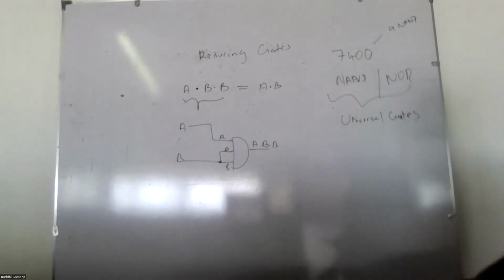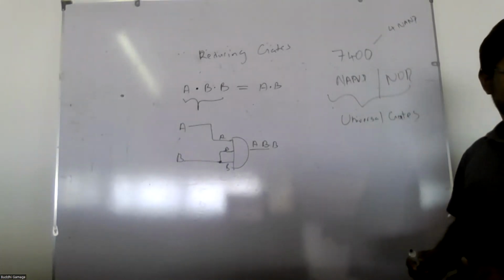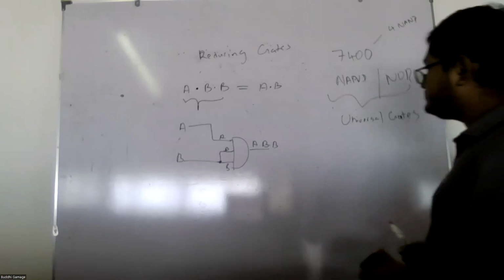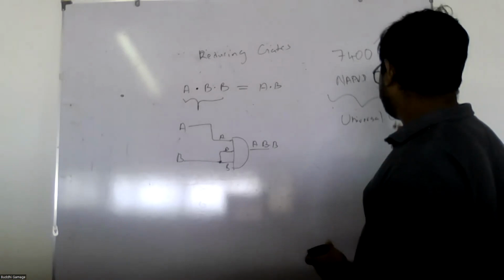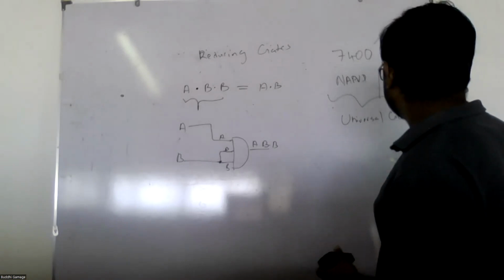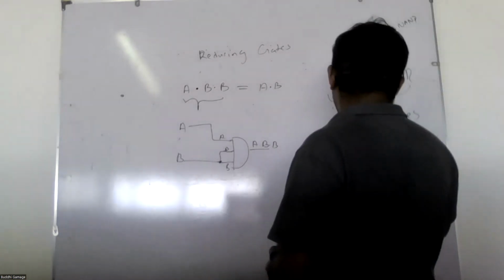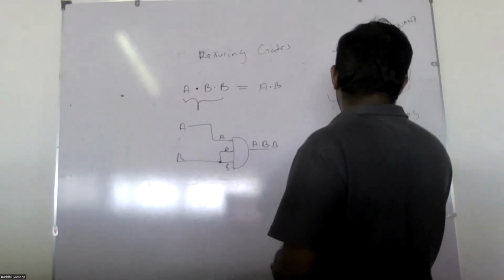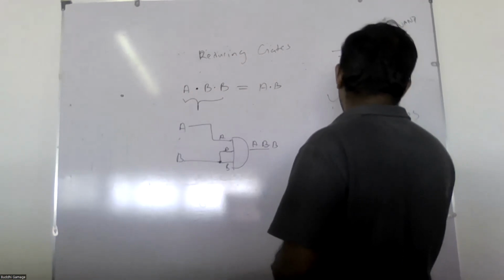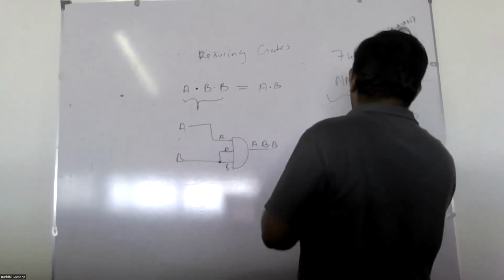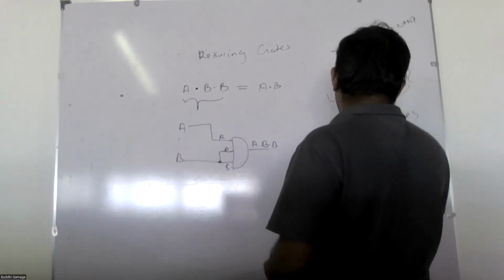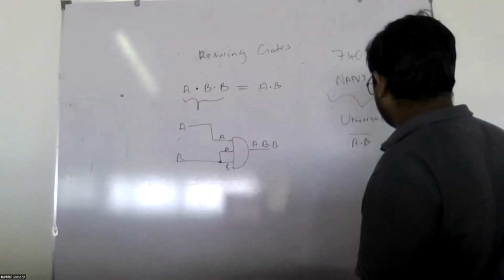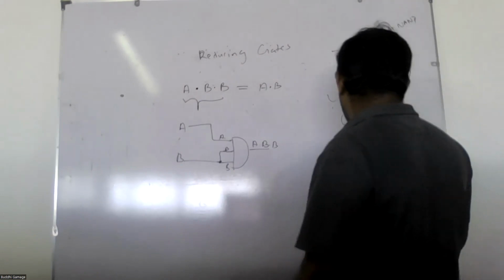These NAND gates and NOR gates are considered universal gates. What that means is, we consider the function behind these gates. Using the NAND gate we can derive any other function.